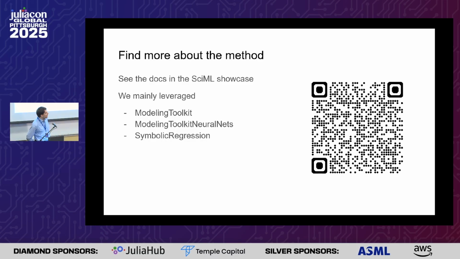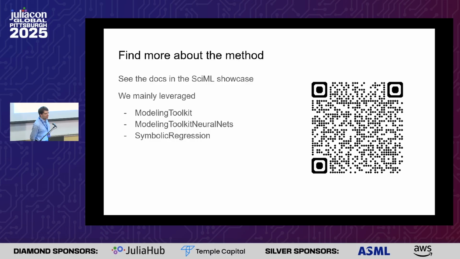Yeah, so the demo presented here and all of these examples are available in the SciML showcase documentation. So if you go to the latest release of the SciML docs, you can find this, and there's also a QR code for this.